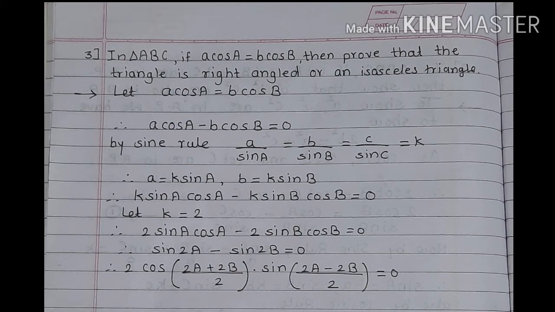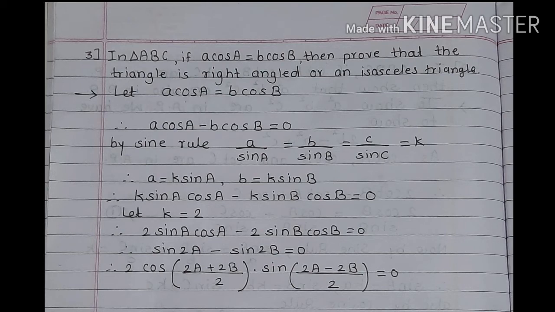So 2 sin a cos a is the formula for sin 2a, and 2 sin b cos b is the formula for sin 2b. So it becomes sin 2a minus sin 2b is equal to 0. Using the factorization formula, sin c minus sin d is 2 times cos of (c plus d) upon 2 into sin of (c minus d) upon 2.